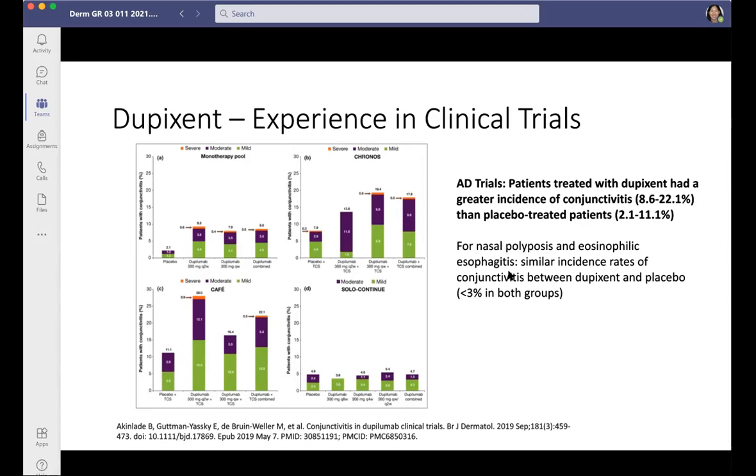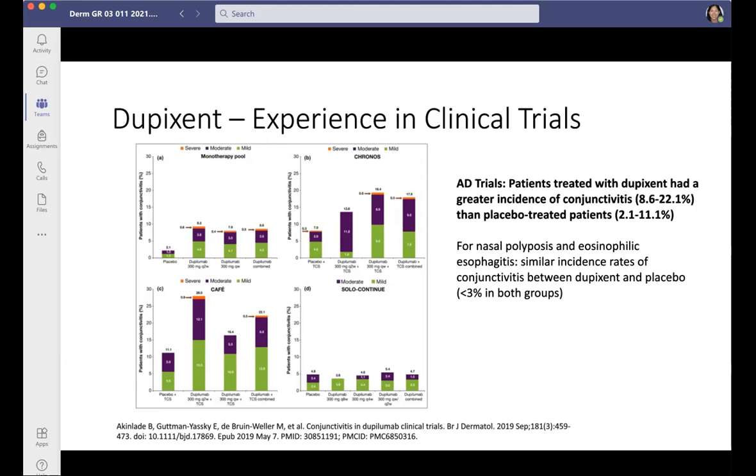For the other trials, the incidence rates of conjunctivitis between Dupixent and placebo were very low and similar in both groups, less than 3%. And this displays that graphically. The SOLO-CONTINUE trial was the only one where they didn't really see a difference between placebo and the Dupixent arms in terms of conjunctivitis incidence.